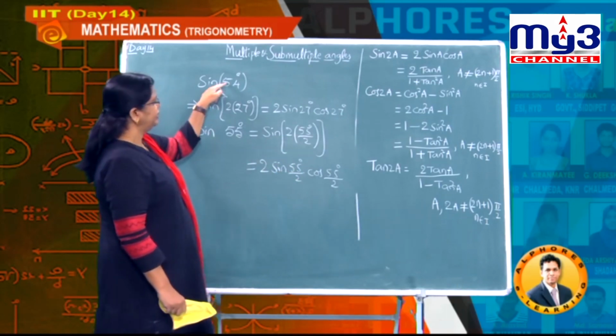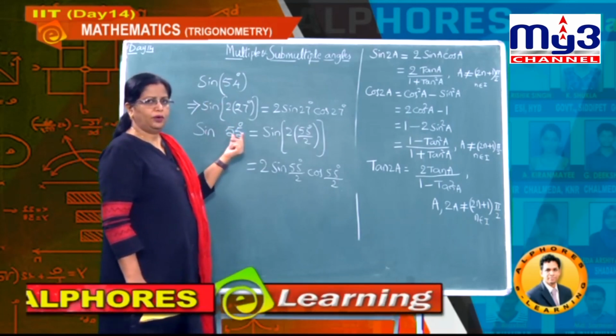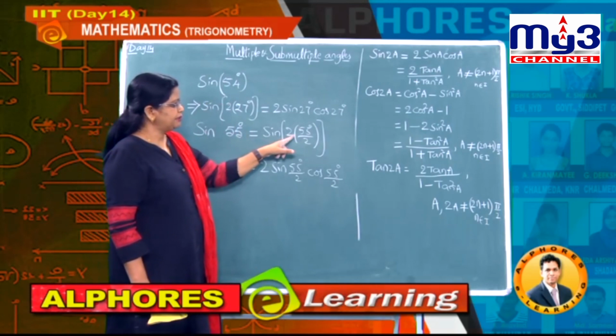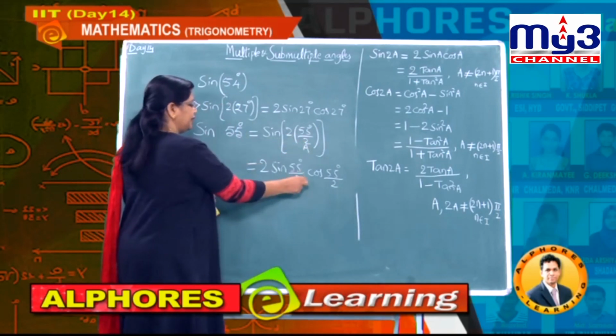So not only for even numbers you can adjust, even if you come across odd numbers also, just multiply and divide by 2. Again the same kind of concept you can adopt here.